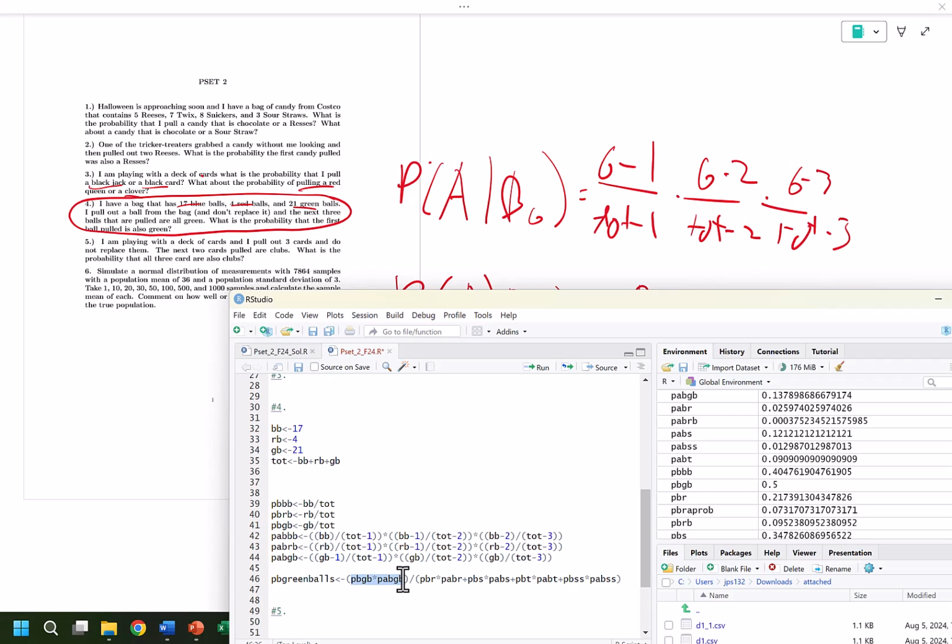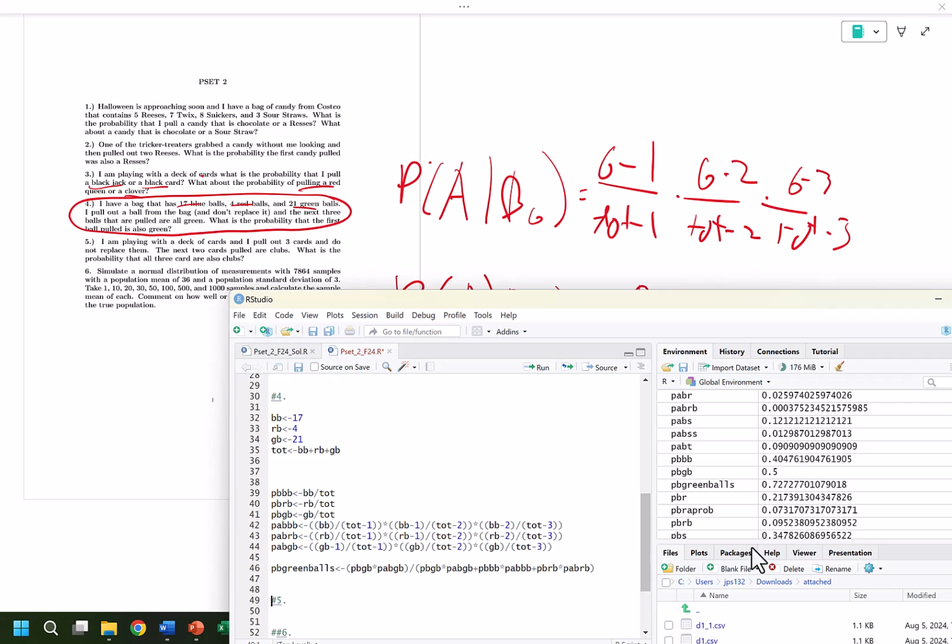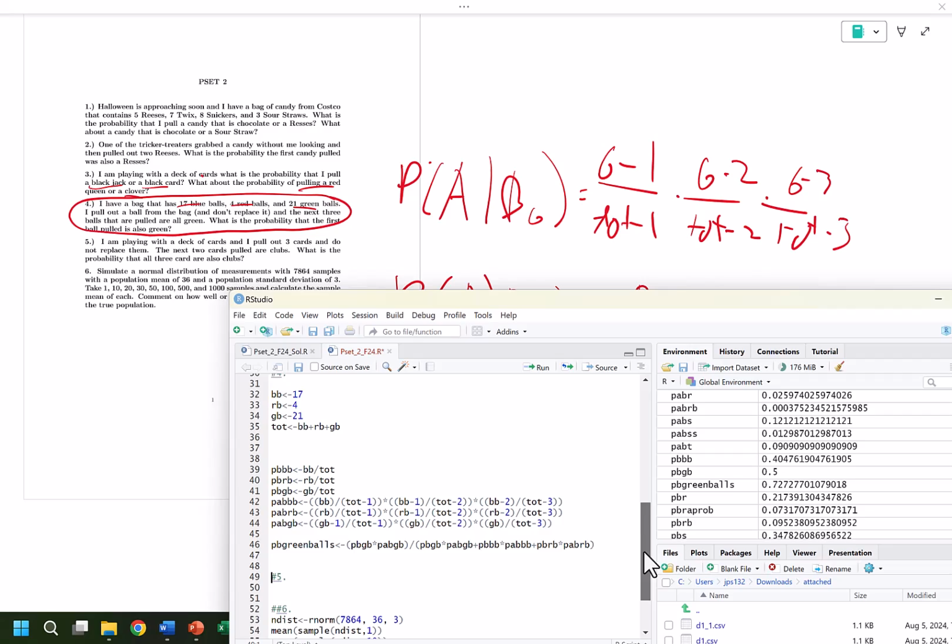We can copy that in because we're summing over all of the possibilities here, plus my PBBB times PABBB plus my PBR red ball times PABRB. Enter that, and there you go. That's the probability. It makes sense too, because you have a pretty large number there. So that's that one.